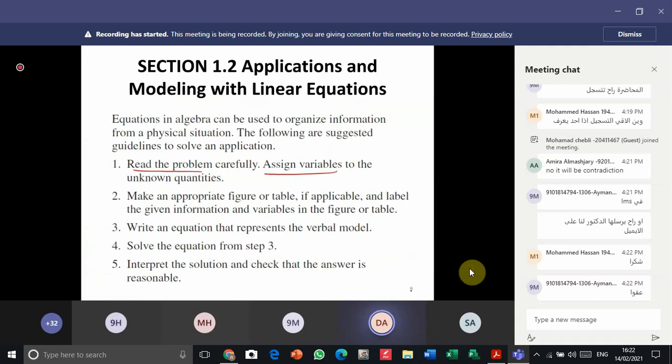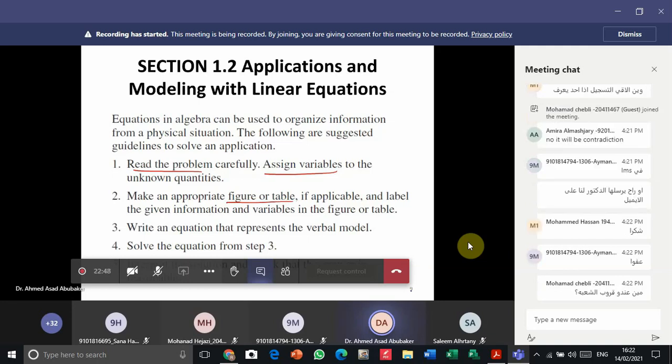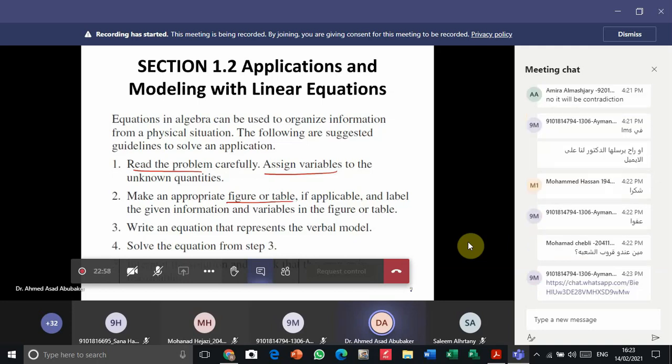If we need to, draw the figure, or write a table, if we need, okay? But the main thing is the way that we solve the equation.